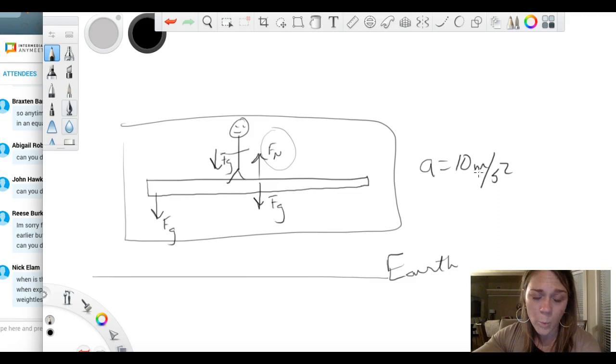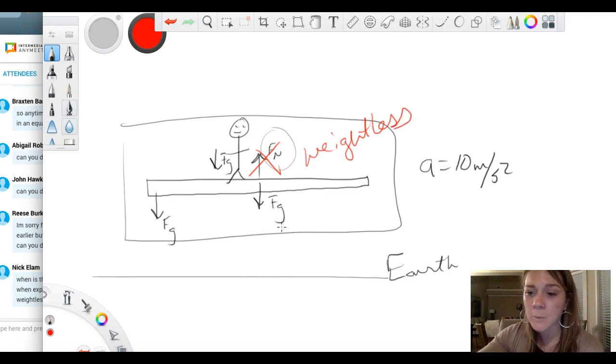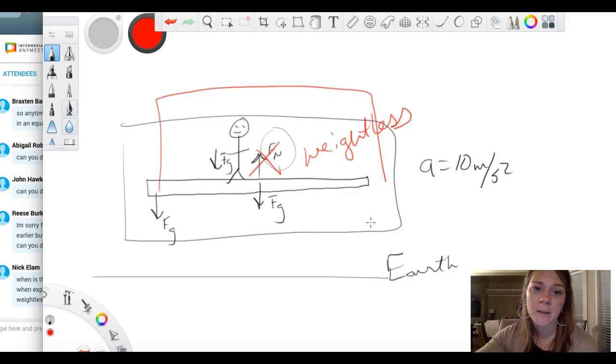When you're falling at the same rate that this surface underneath you is falling, then there is no longer a normal force pushing up on you. And this is when you feel weightless, when you have absolutely zero normal force pushing up on you. And that's why the astronauts in the space station feel weightless, because the container they're in is free falling, and they are also free falling towards the Earth's surface.